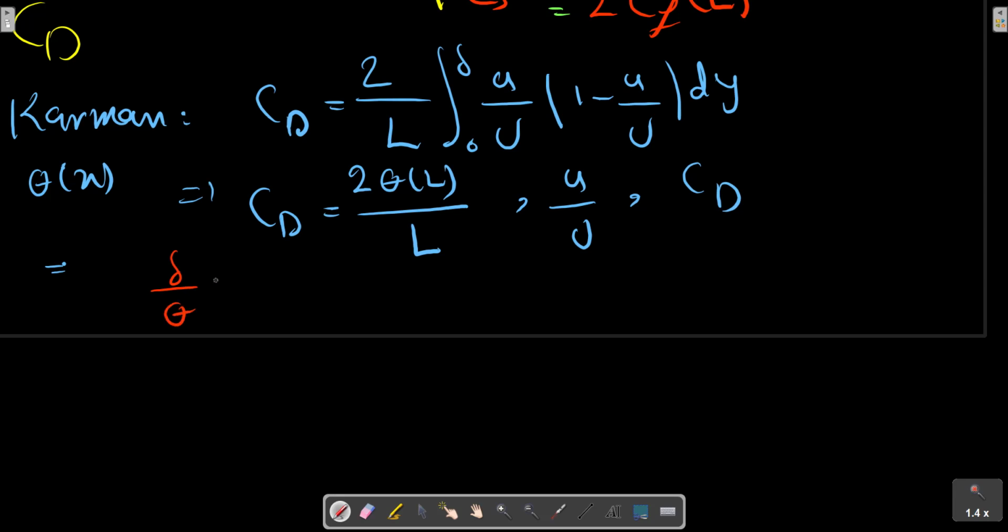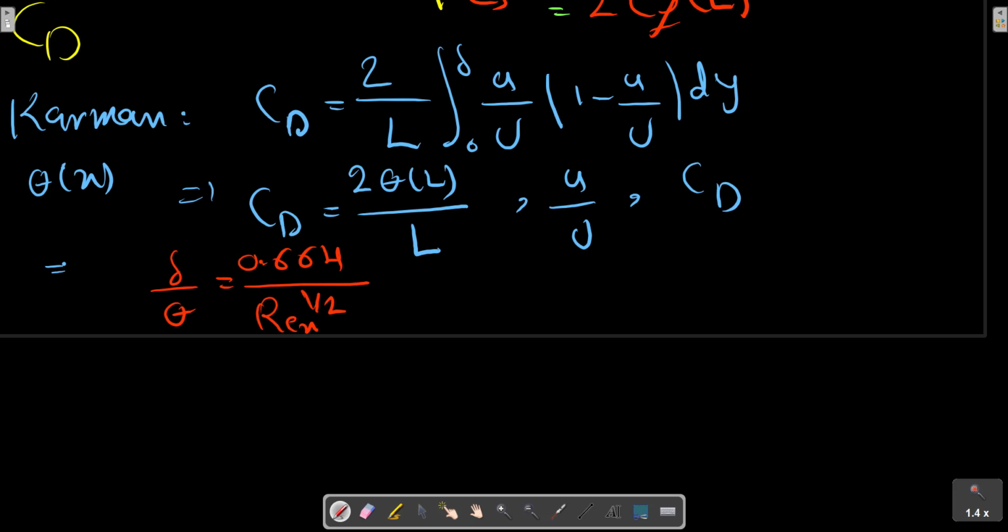Delta on theta. Since delta is so ill-defined, the momentum thickness, being definite, is often used to correlate data taken from a variety of boundary layers under differing conditions.